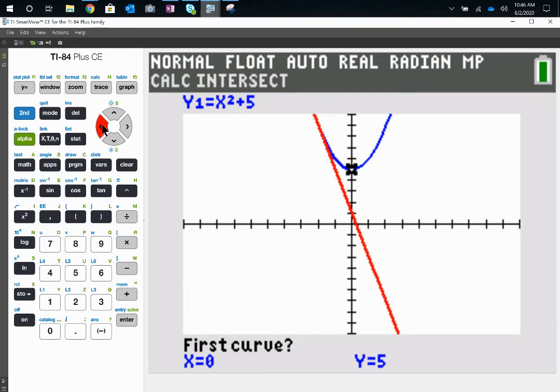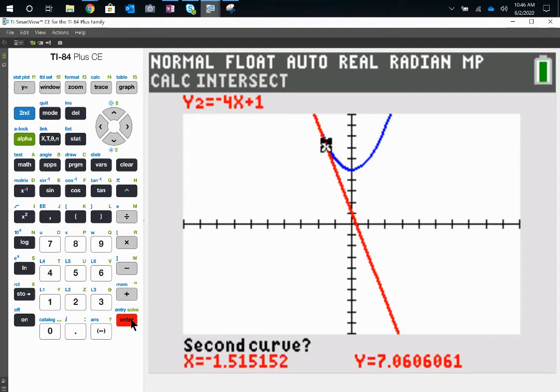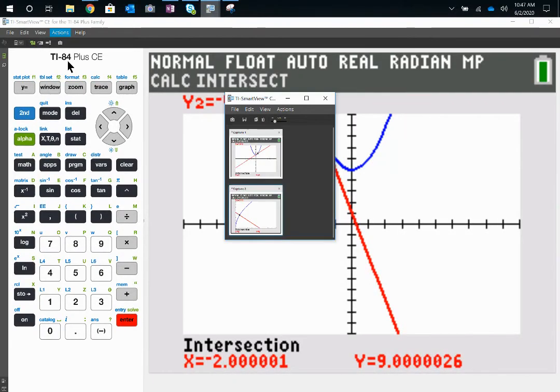Now, we move that spider somewhere close to the intersection point and hit the enter button 3 times. Enter, enter, enter. And the calculator is going to make its best attempt to give you the intersection as 2 and 9. Okay, it's going to come as close as it possibly can to the answer.